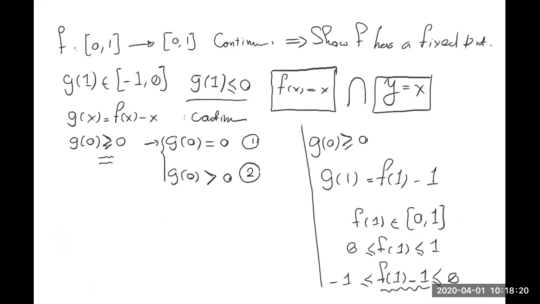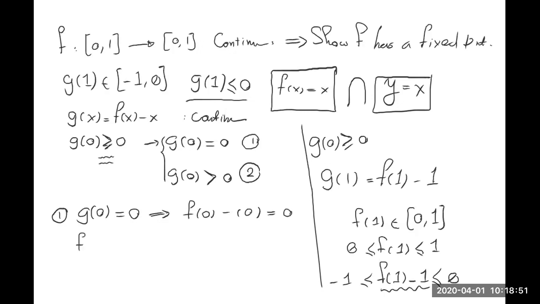If the first case happens, if g of 0 is equal to 0, then, remembering g was f of x minus x, f of 0 minus 0 is 0.